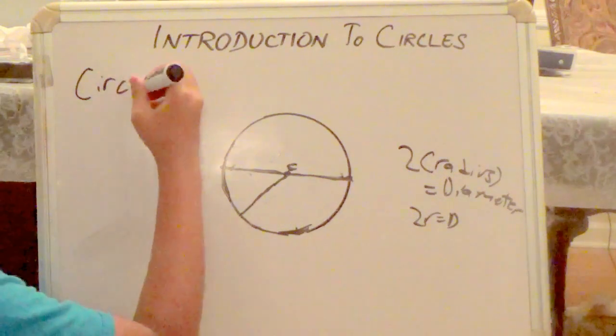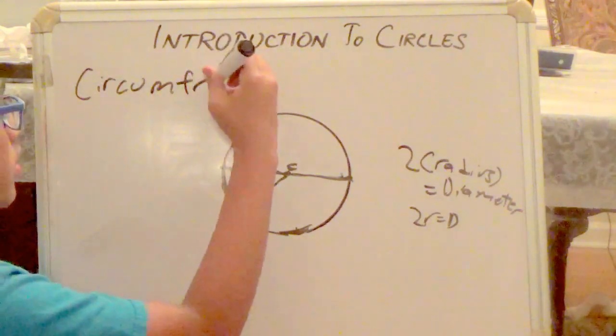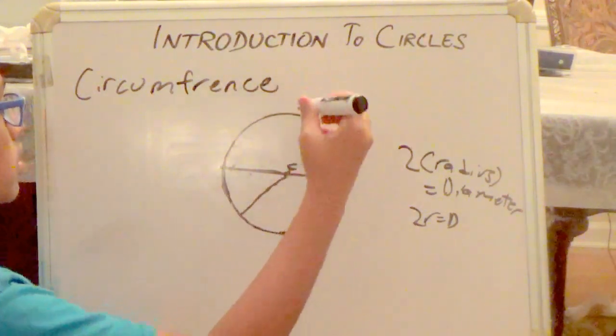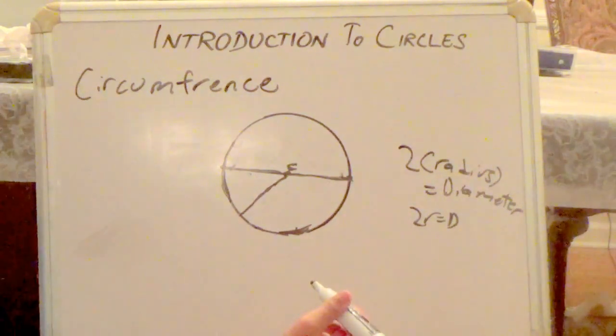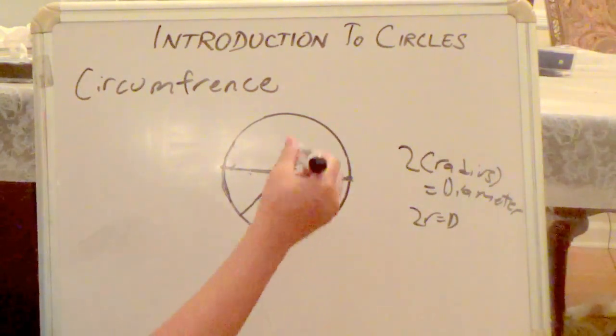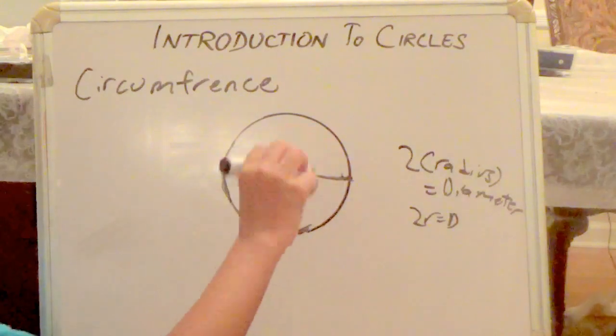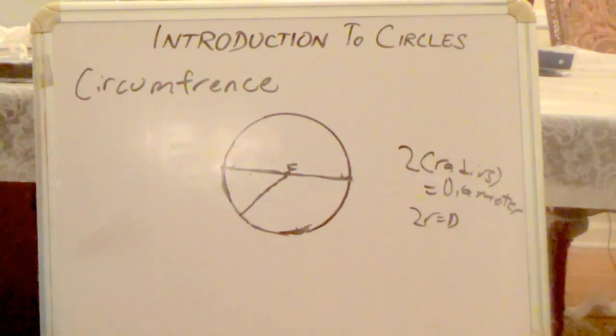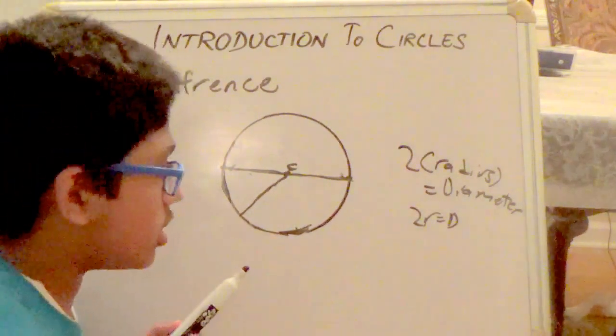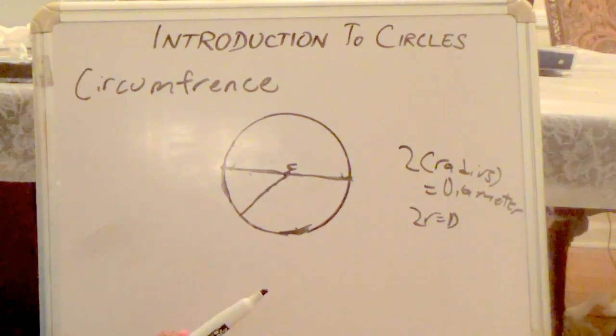Circumference. Okay, so that's the perimeter of the circle, as we call it. Both the radius and the diameter are really important.